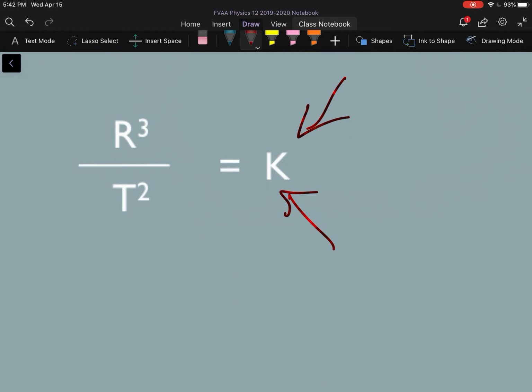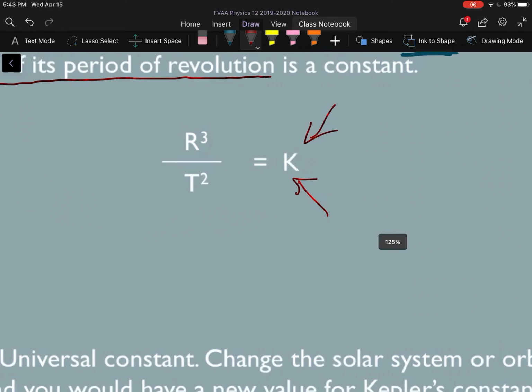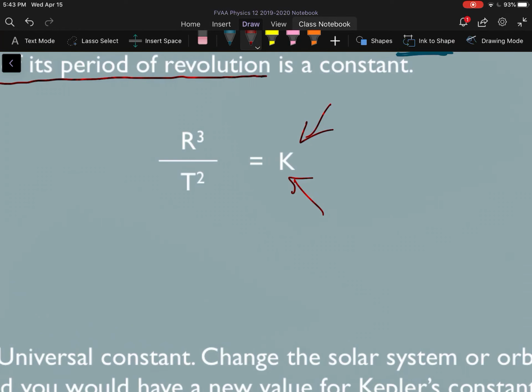So the k constant of the moon around the Earth will be different than the k constant of the Earth going around the sun. But the k constant of the Earth going around the sun and Mercury going around the sun will be the same, and the k constant for the moon going around the Earth and the International Space Station orbiting around the Earth will be the same. Okay, so it's based on the originating mass of the orbiting motion.